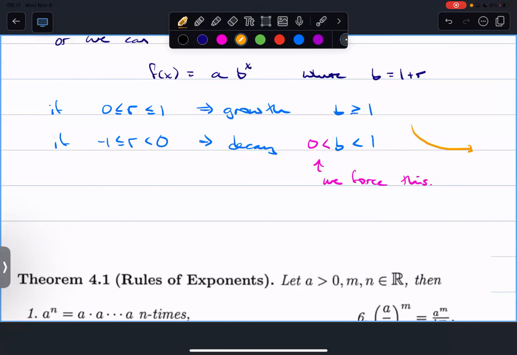That's decay. Whereas if we have growth, then it's going to look something like this. So just looking at b, or 1 plus r, it doesn't matter because they're the same, is going to tell you the general direction of the graph. Okay?